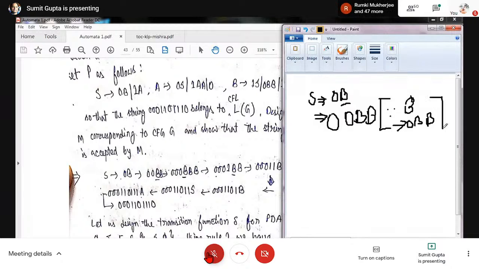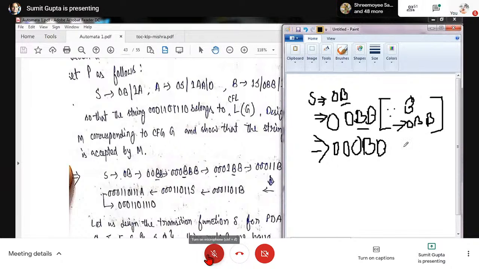This part is clear though. Instead of this B, we are writing 0BB. Next, this B, what will we do? Same thing. So 0, 0, 0, BB.